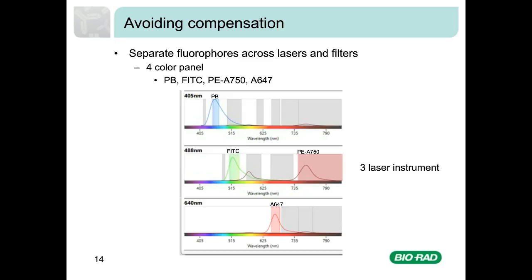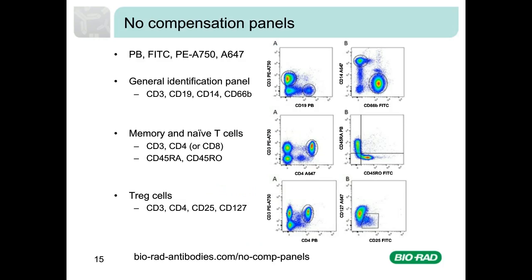So to help you with your flow cytometry, we have actually put together 13 4-color immunophenotyping panels for human peripheral blood that require no compensation. We have included images to help show staining patterns for the populations for easy identification. Panels include identification of T-cell populations, such as memory and naive, helper, cytotoxic, and regulatory cells.